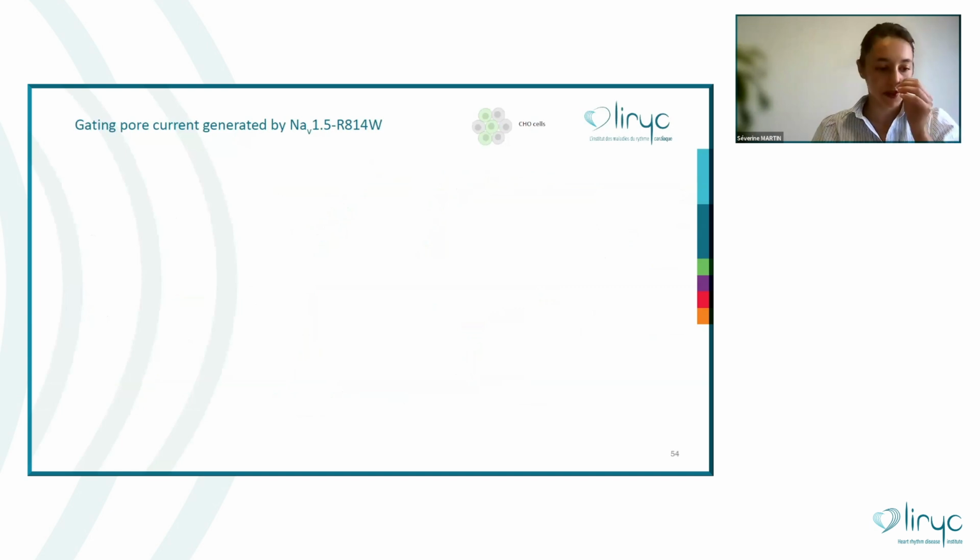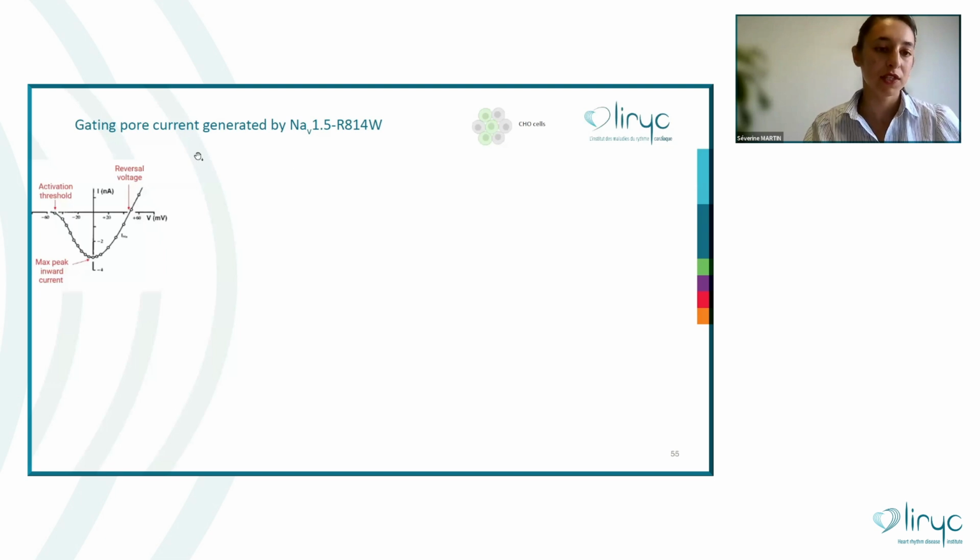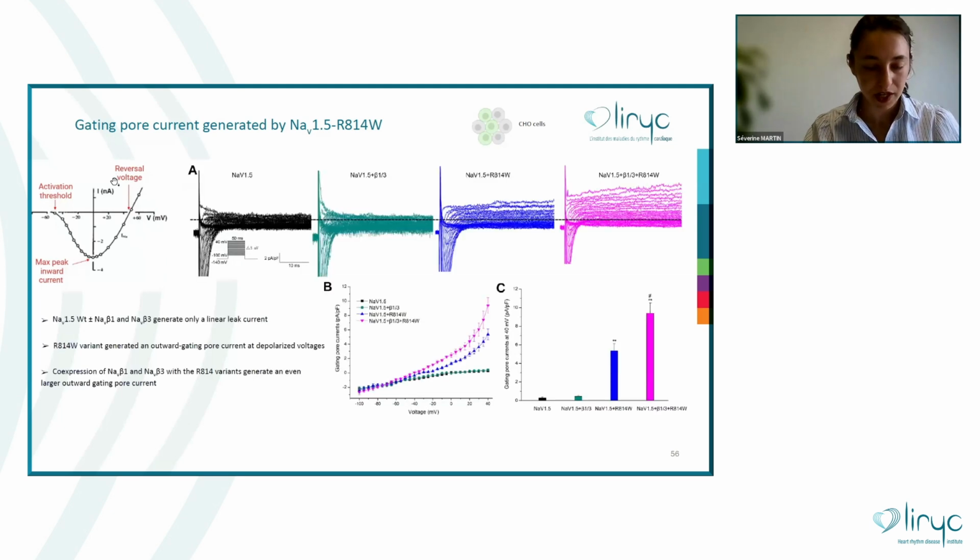So some other mutations on the voltage sensor domain have already been characterized, and they generate a gating pore current. So what is it? The gating pore current is a current observed at high voltage applied after the reversal voltage. As you can see, this is the representative current of cells transfected with only the wild-type channel.